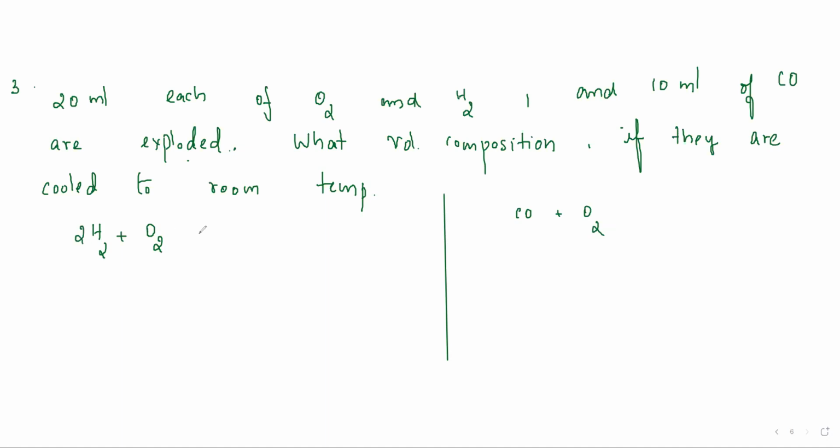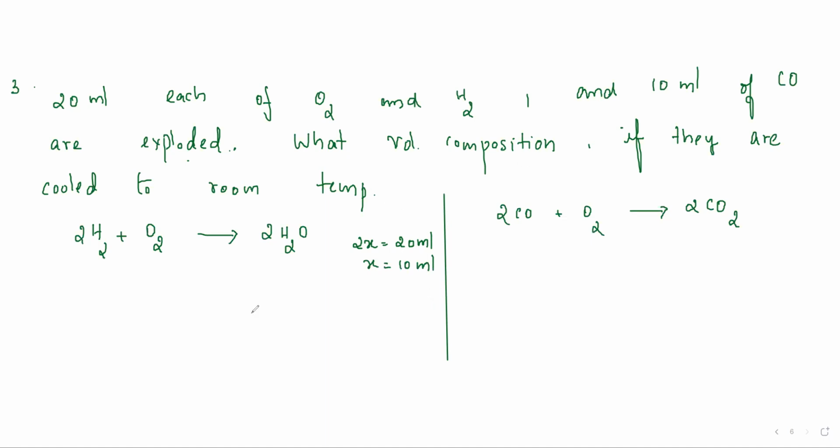Hydrogen on explosion with oxygen gives you water as per this equation, and carbon monoxide will give you carbon dioxide. In the first equation, burning of hydrogen, 20 ml of hydrogen is taken. So here 2x is 20 ml, x is equal to 10 ml.